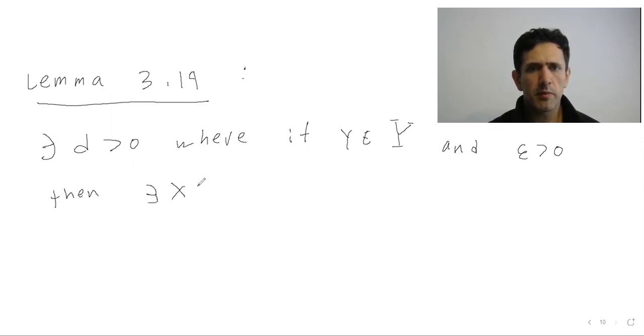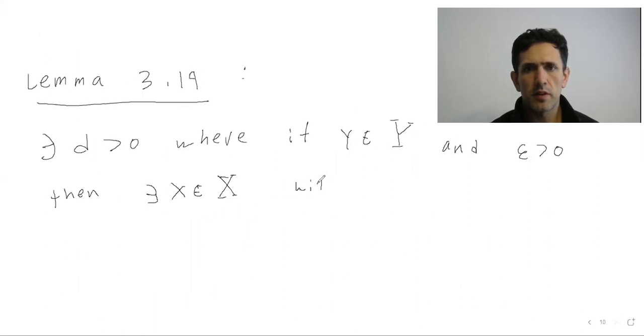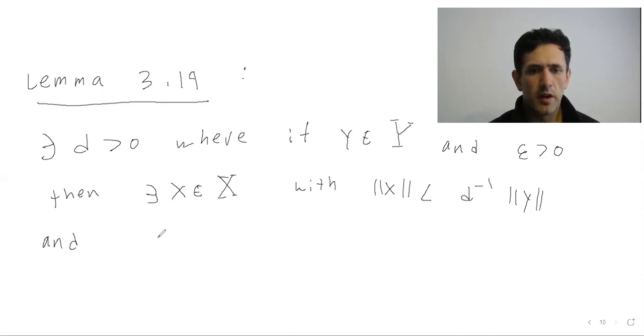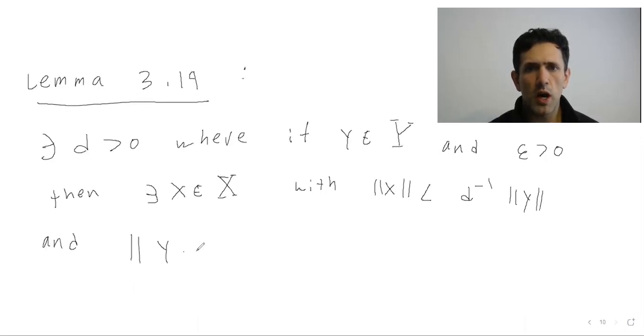So I claim there exists big X satisfying the same bound here: the norm of x less than d inverse times the norm of y. But we don't quite get y equals Tx. We get the norm of y minus Tx is less than epsilon.